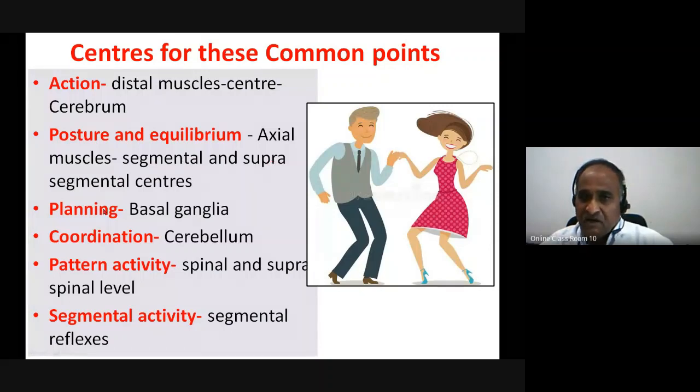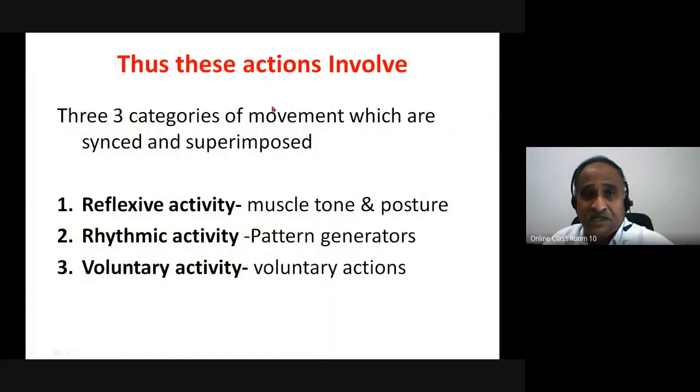The planning of the action is done by the basal ganglia. The coordination is done by the cerebellum. The pattern of activity is generated within the spinal cord or brainstem areas, and the segmental activity is for the segmental level.